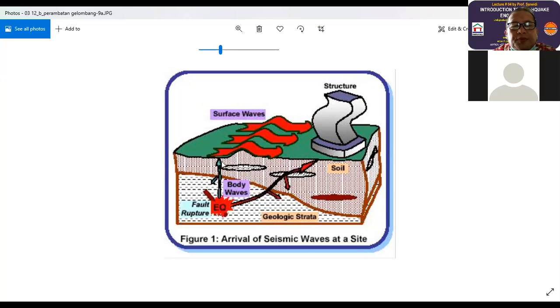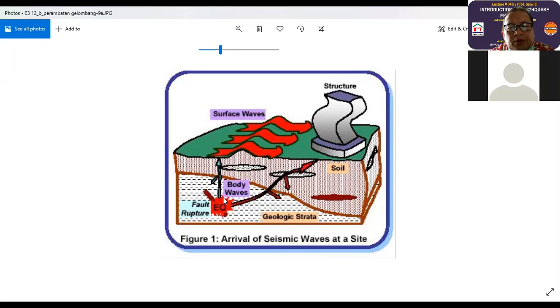After the waves reach the surface, the vibration will be propagated anywhere too, also horizontally, and we call it surface waves. Okay, so there are two kinds of waves: body waves and surface waves.